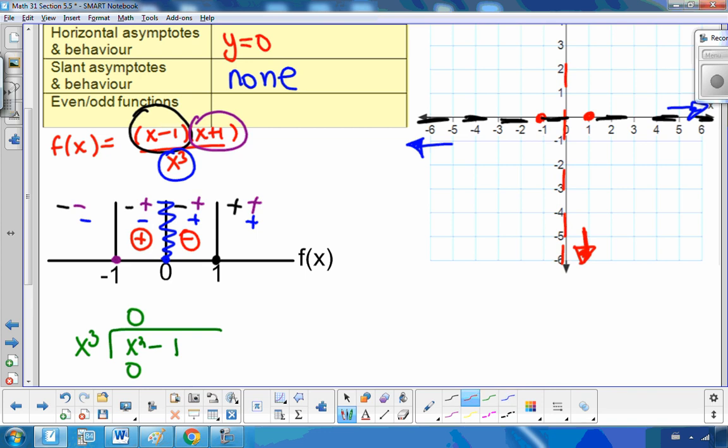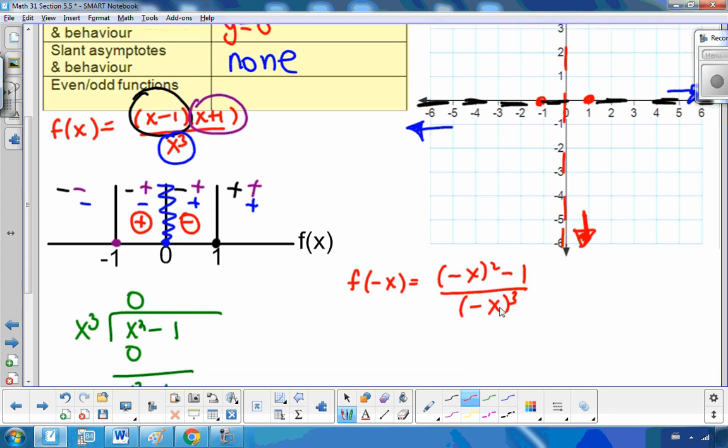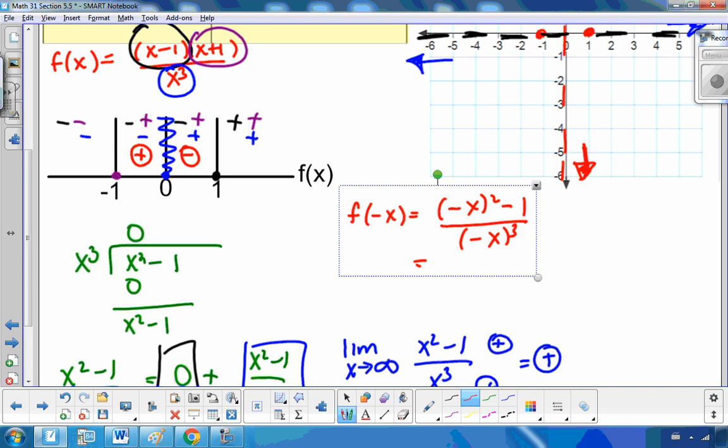So now I just look at my even versus odd. So I'll look at f of negative x first. So that's negative x squared minus 1 over negative x cubed. So that's just equal to x squared minus 1 over negative x cubed.